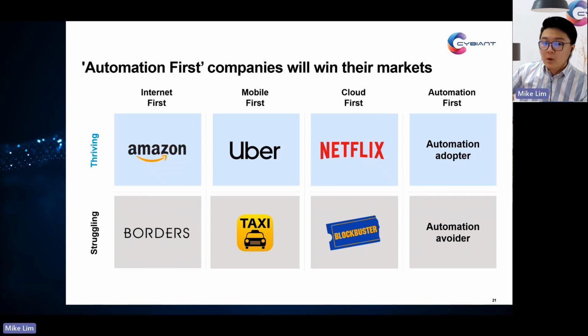And we can see that automation-first companies will win their market. The faster companies adopt automation, the faster they are able to win over the market. You can see that Amazon adopted automation much earlier.